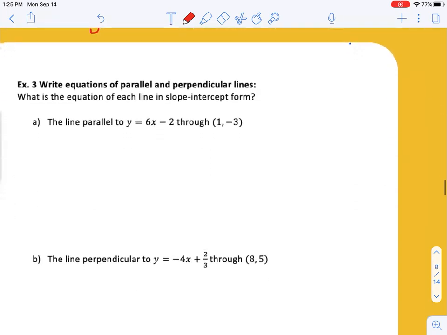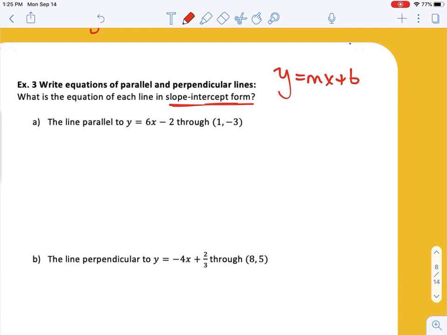Two more problems. We need to write equations of parallel and perpendicular lines. So what is the equation in slope-intercept form? So this is y equals mx plus b form. We will go through point slope though to be able to find it.